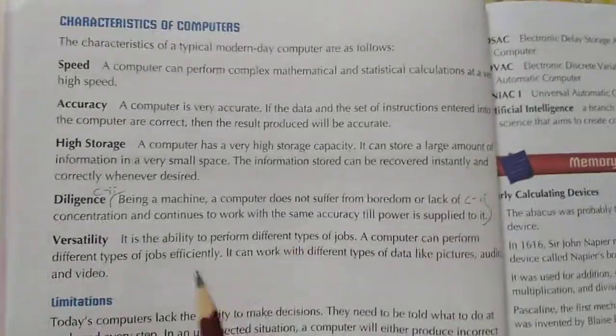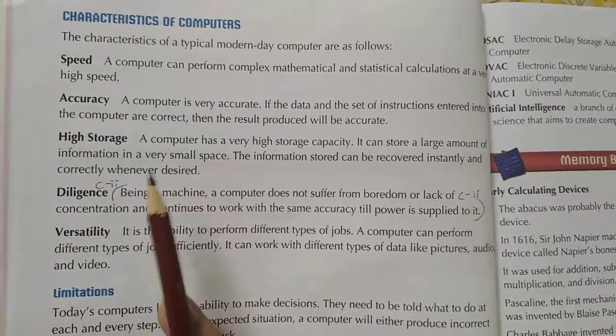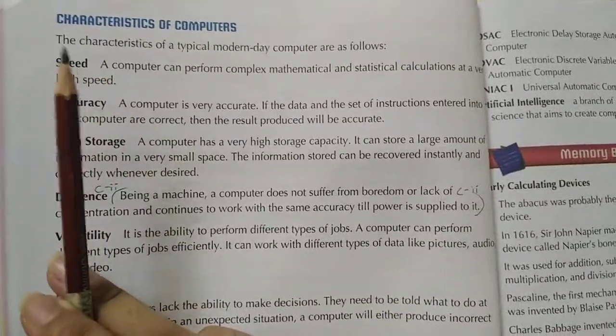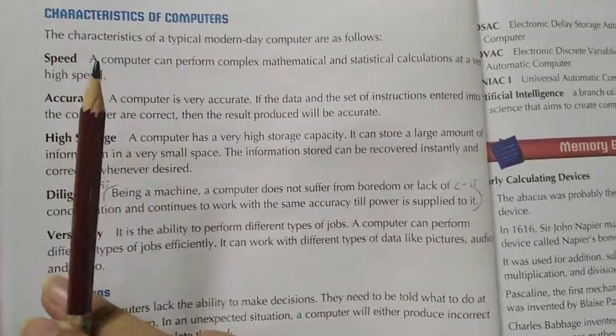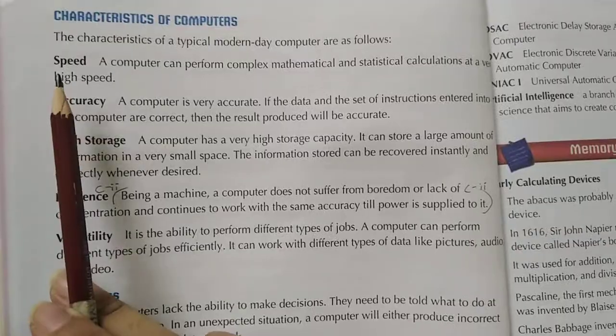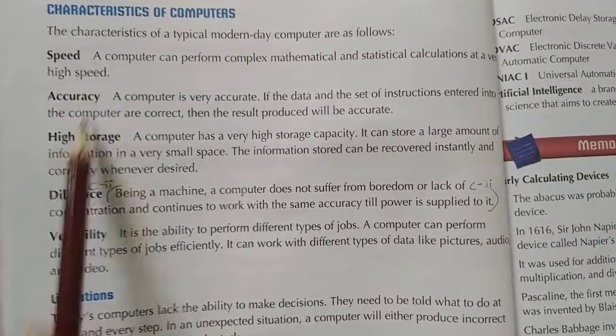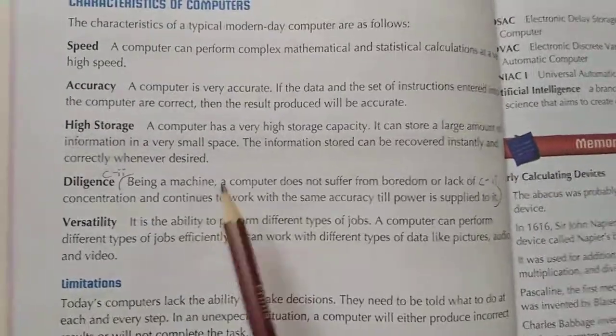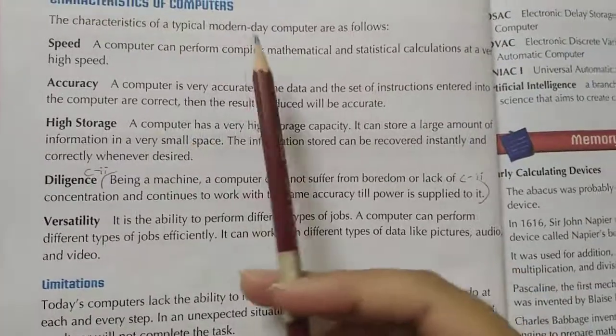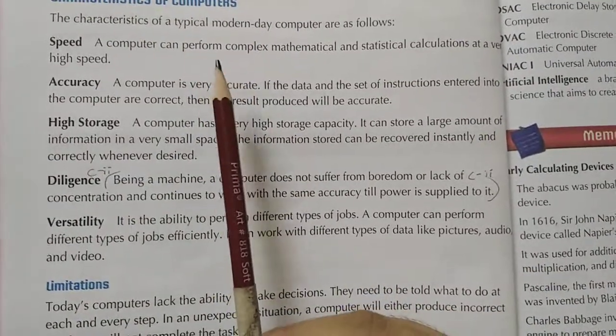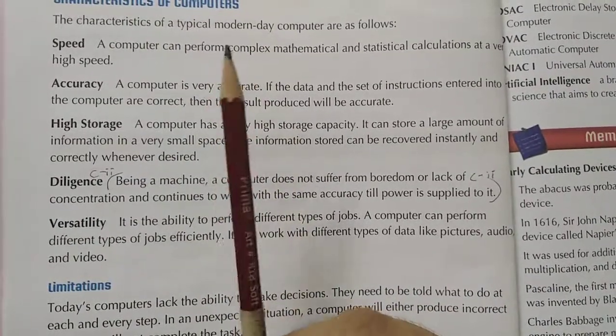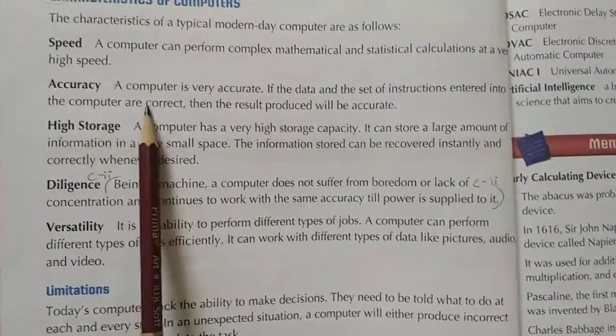Here the features of the computers have been given in this table. You can read them by yourself. Then there are some characteristics of the computer, meaning what things a computer can do. It has speed.